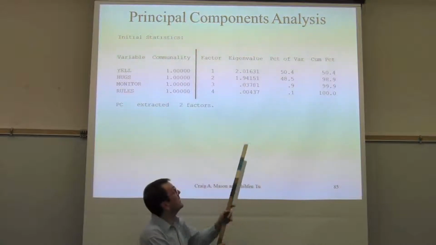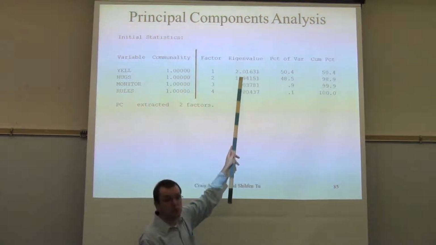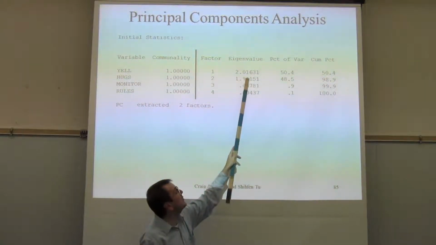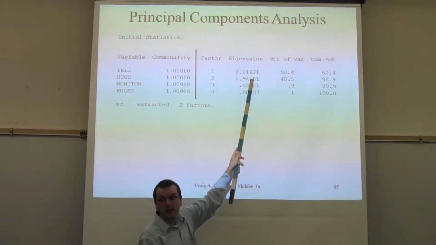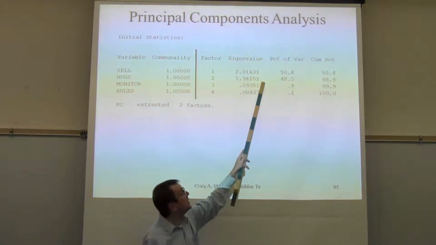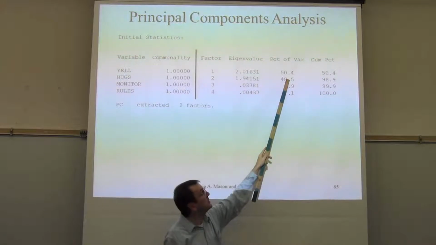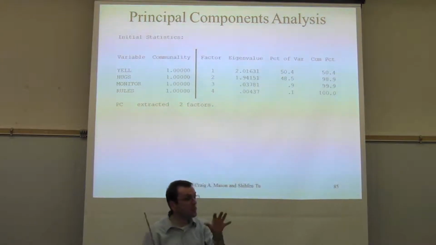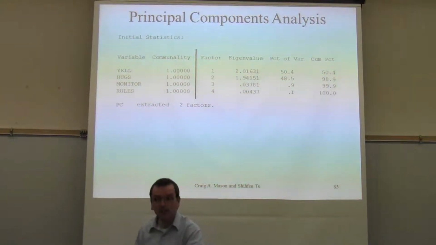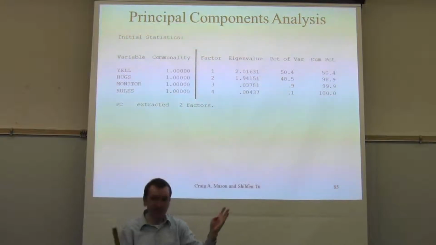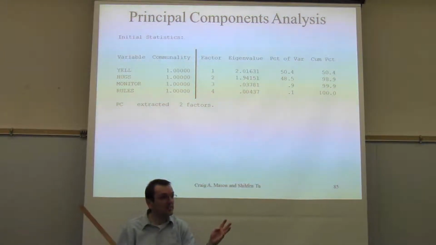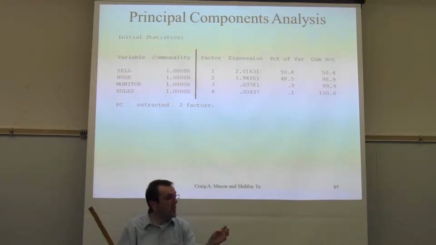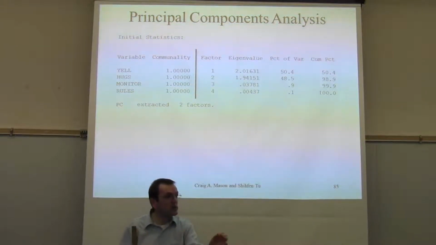How much of the information is that? Well, all you do is you divide 2.0163, whatever, by 4, and you get 50.4%. So that first box has half of the information of those 4 variables. It's kind of cool. You're able to see exactly how much information is getting put into that box, into that factor.